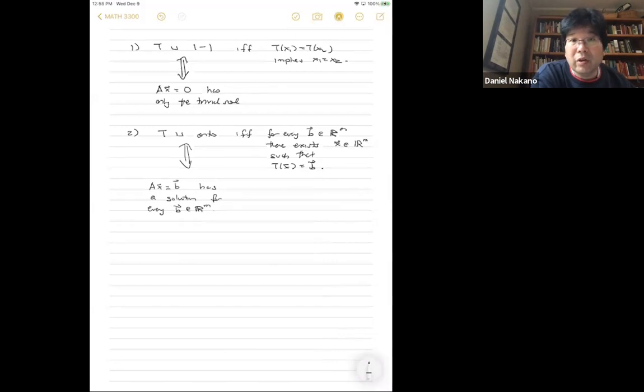So that's a very concrete way of actually analyzing the problem because we can use Gaussian elimination in both cases. All right, let me ask, are there any questions on this?